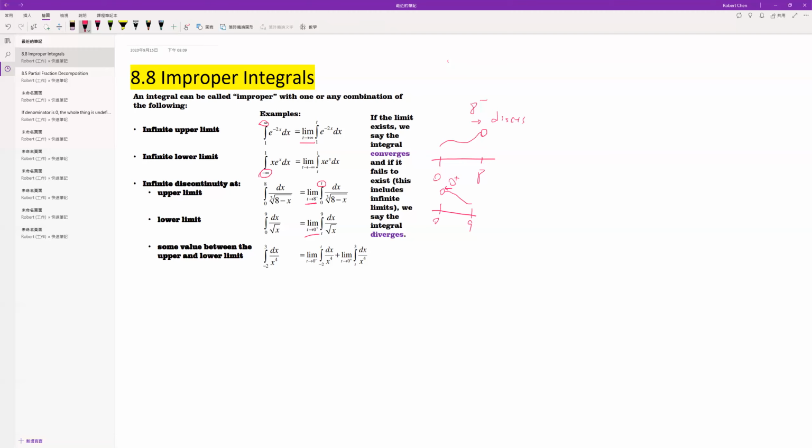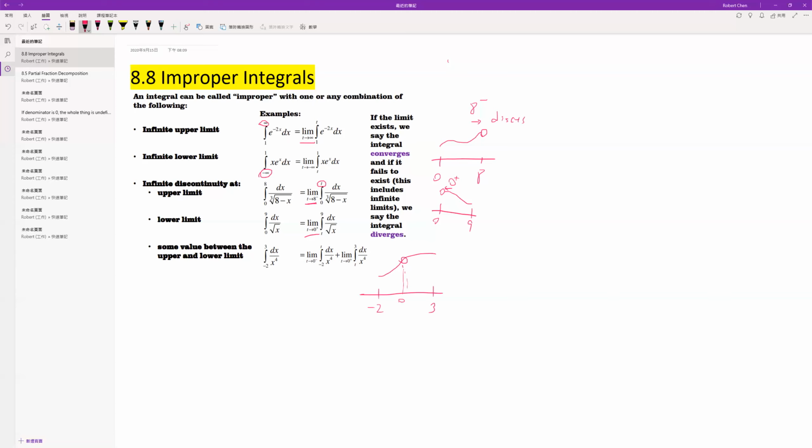Now, if there is a discontinuity in the middle, right? For example, in this case, from -2 to 3, we're going to hit 0 in some case, and 0 is actually undefined. So in that case, we will split the integral into two parts, right? So like this, -2 to 3. So let's say it goes like this, and then at 0, there is a discontinuity right here.